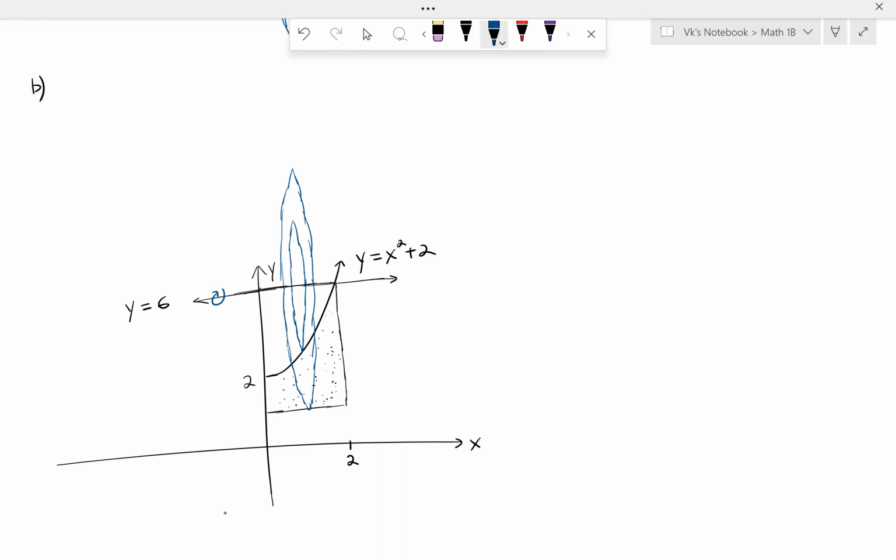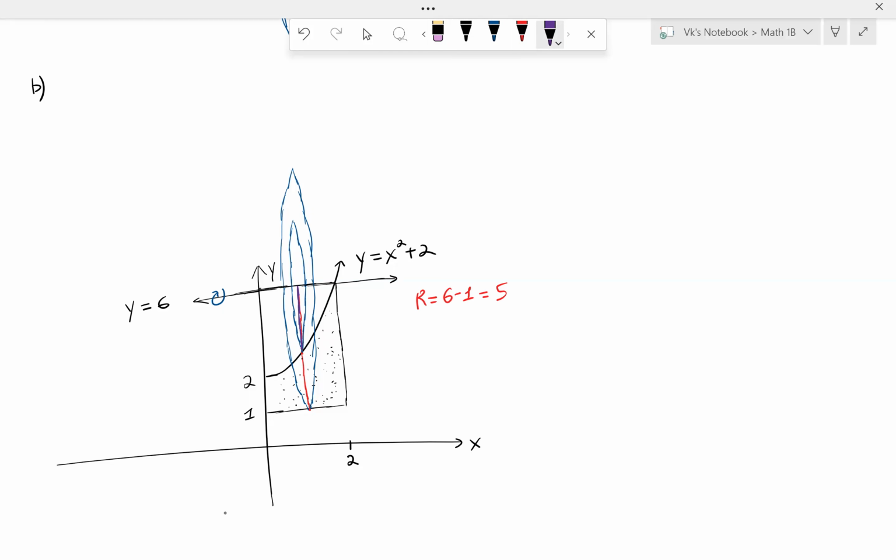Let's take a look at the outer and the inner radius. This is the outer radius right here. It's 6 minus 1, which is 5. The inner radius is the smaller radius.